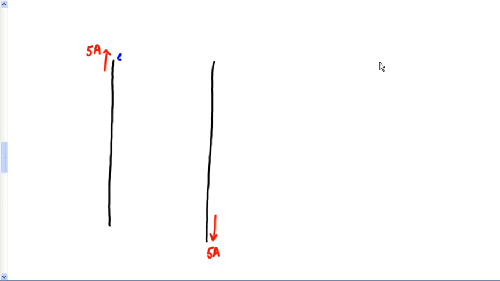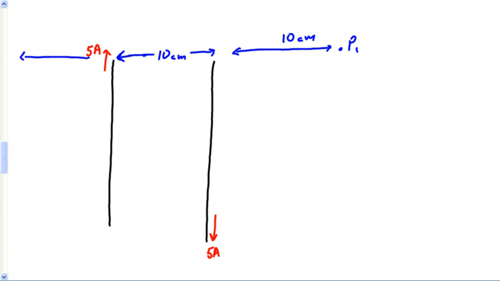It tells us the two wires are 10 centimeters apart. And then it gives us a second location. I think it called it P1. It doesn't matter. It said it was 10 centimeters from one of the wires. And then my scale's going to kind of suck here, but there was another point that was 20 centimeters. And they called that P2.